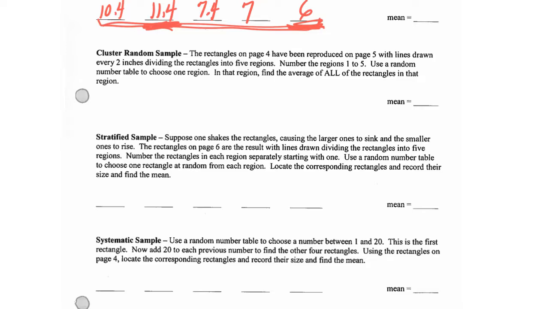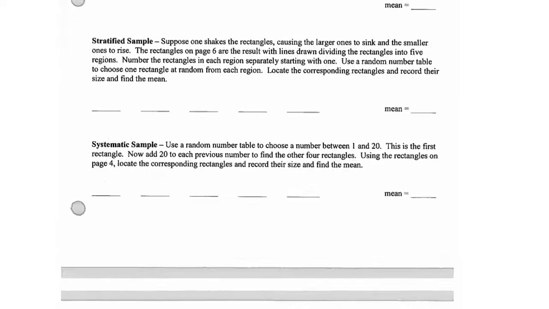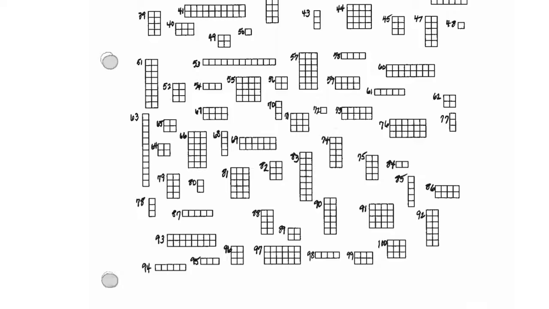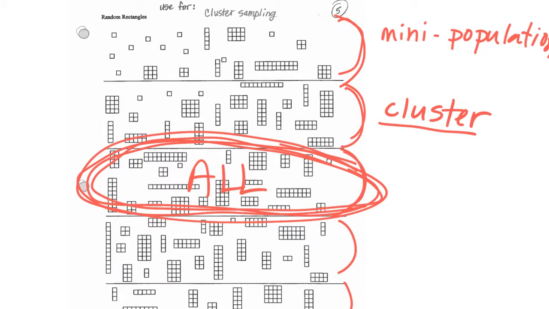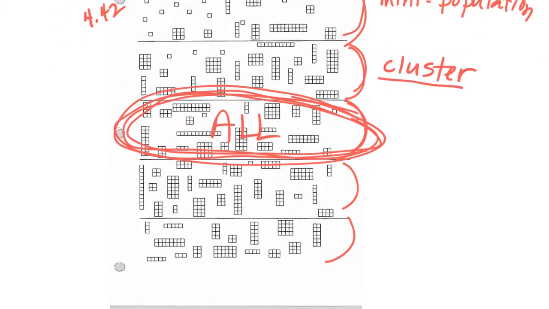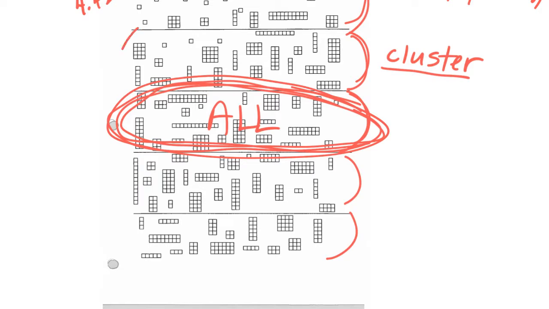All right, so we're going to take a look at the regions that you could have selected for your cluster random sample. And so again, for each one of those regions, we'll go ahead and talk about what those areas were. If you averaged this first one, you got 4.42. If you had randomly selected this second cluster, then the average of that was about 7.9.